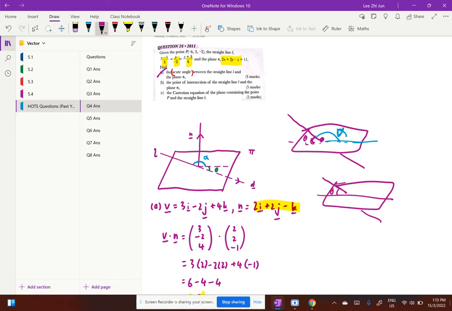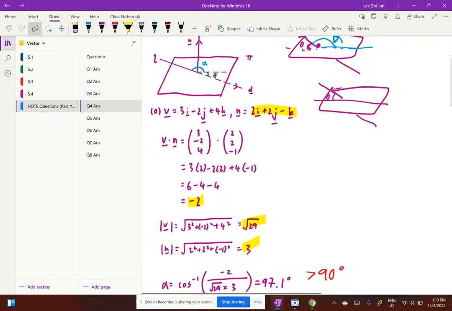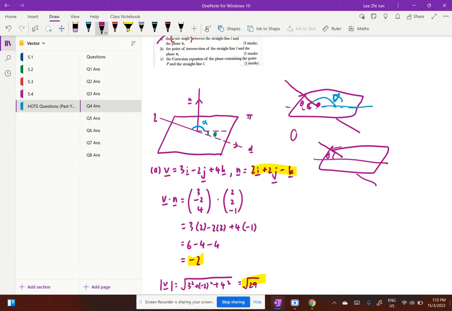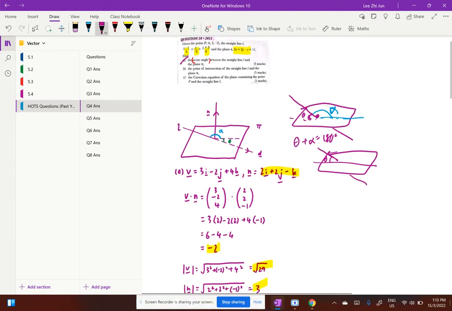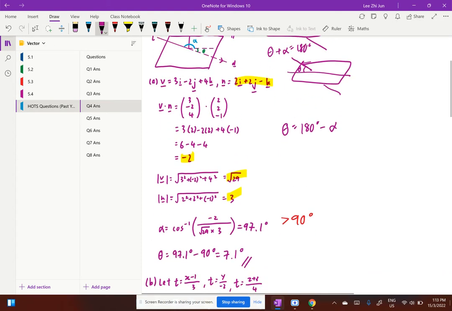The acute angle at here. Okay, so you can see that the sum of theta plus alpha will be 180. So in order to find theta, you need to use 180 minus alpha. So we'll get 7.1 degrees. Just like that.